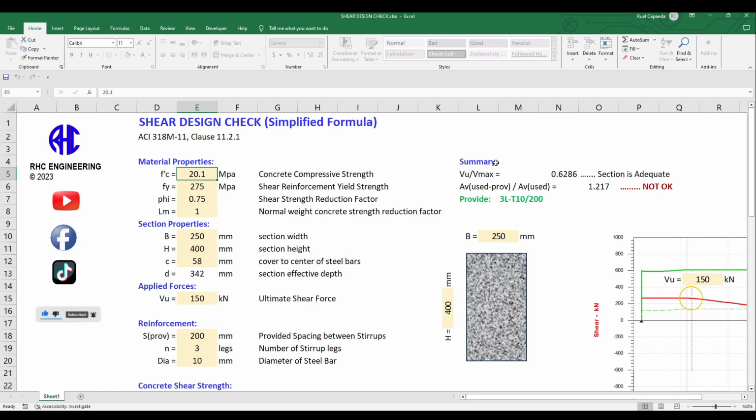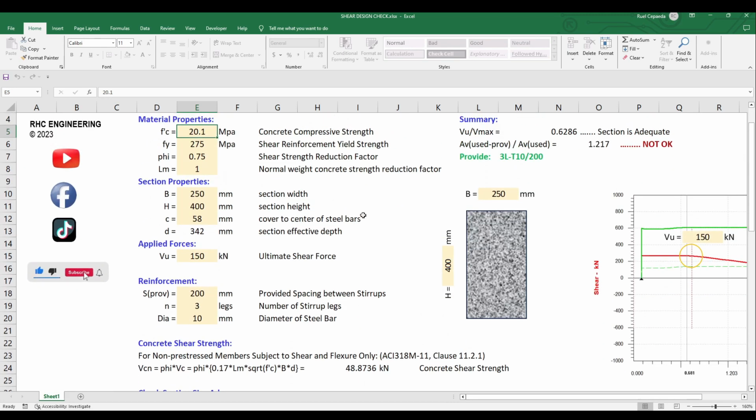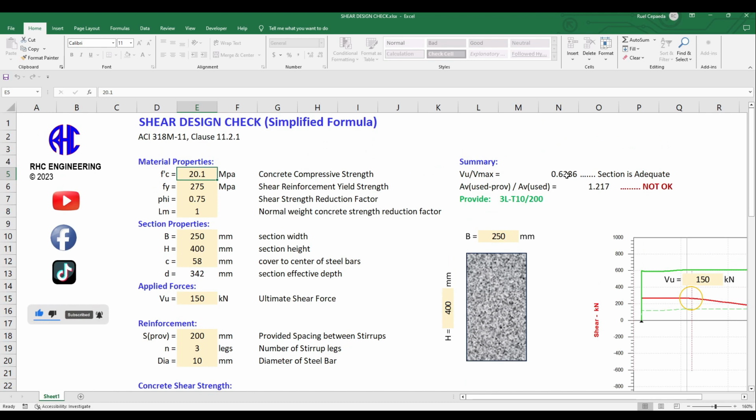So it means our reinforcement here that we had provided is more than the maximum capacity of the beam as per the code. So it means we need to increase the size of the beam as per the capacity of the applied shear force, of the ultimate shear force. Or we need to modify the reinforcement provided.